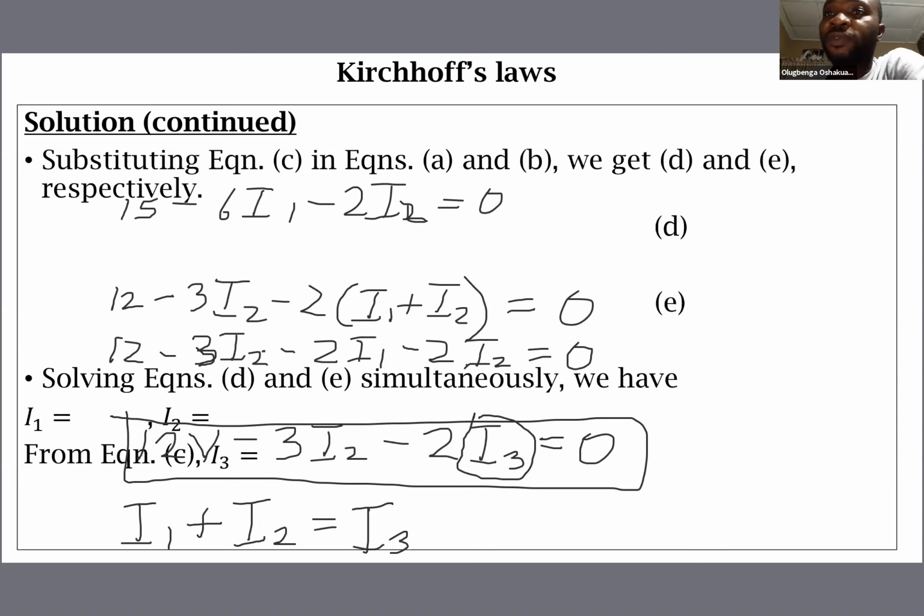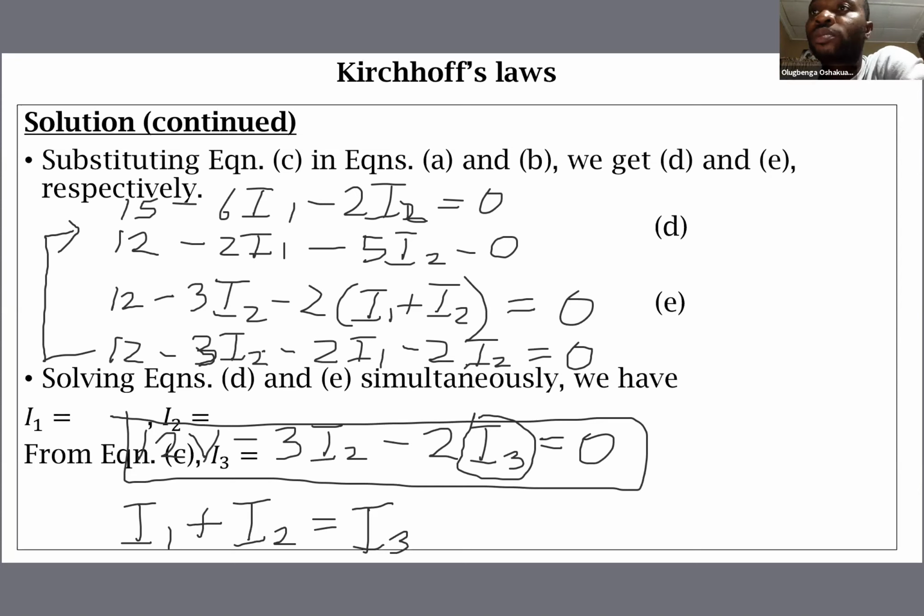Then that can be simplified to say 12 minus 2I1 minus 5I2 equal to 0.